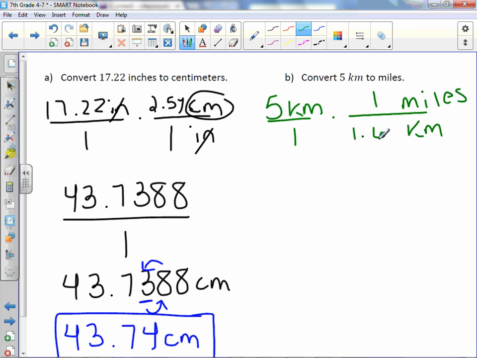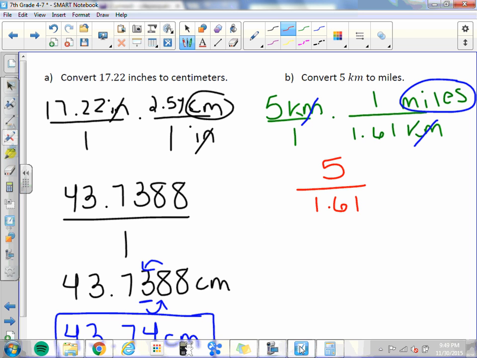And these are all approximations. They don't exactly convert. Well, kilometers cancel out to leave us with miles, which is what we want. Multiply your numerators. 5 times 1 is 5. And your denominators. 1 times 1.61 is 1.61. And remember, fractions are division.